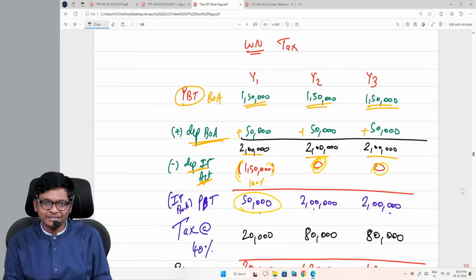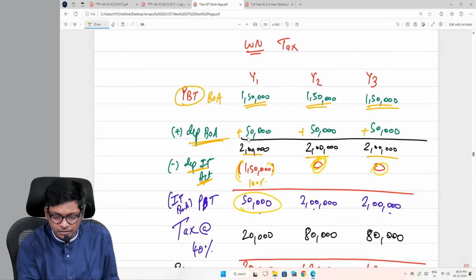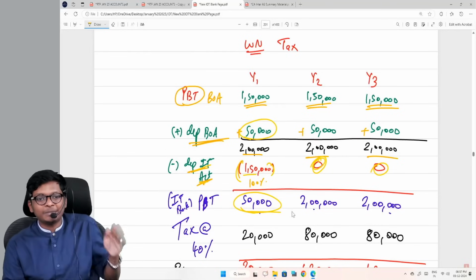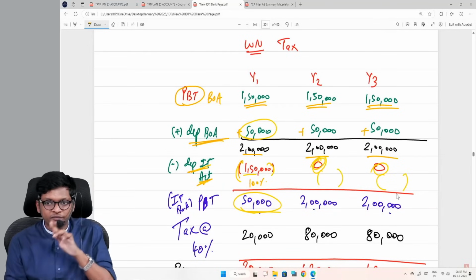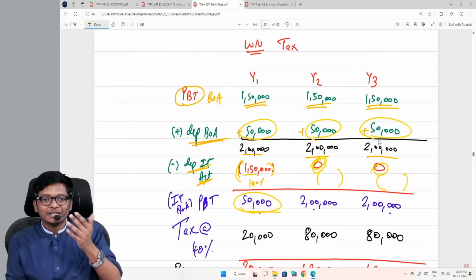Is this clear, guys? Have you understood what we have done so far? Again, I will repeat. Basically, in the first year you added back depreciation of 50,000 and you reduce depreciation of 1,50,000. So profit before tax as per income tax is 50,000. But in the second year, you can't reduce depreciation because it was fully allowed in the first year. So in the second and third year, I will only add back depreciation.